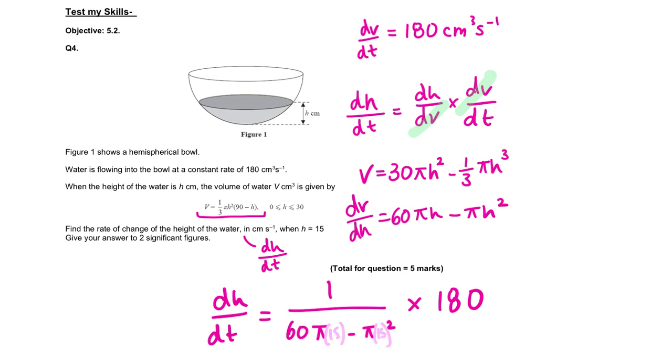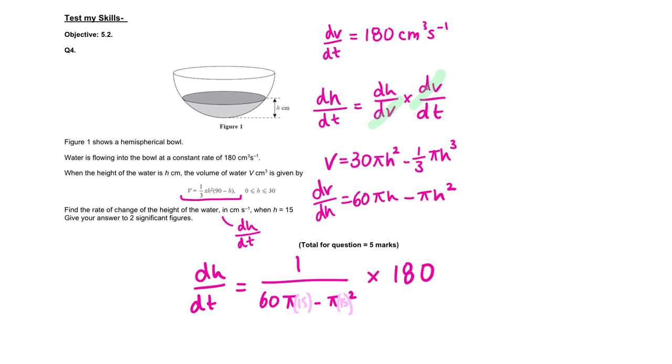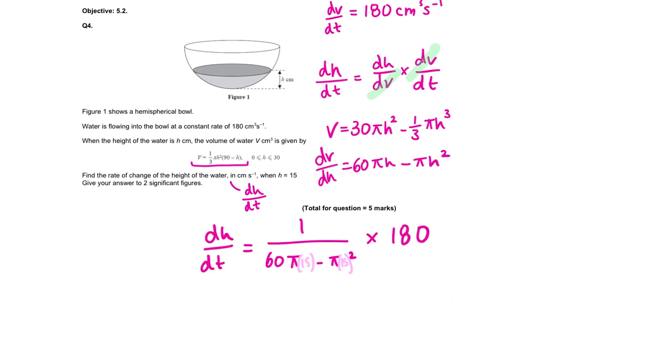There we go. I'm now going to solve this in my calculator, and it just wants two significant figures. So I'm literally just going to write into my calculator 180 over 60 pi lots of 15 minus pi lots of 15 squared.